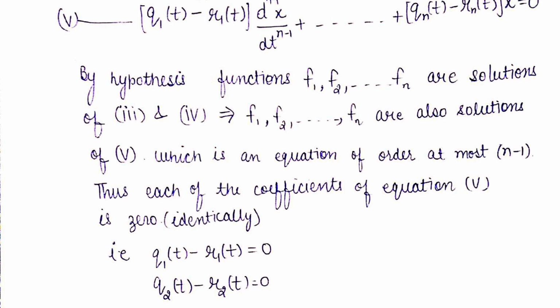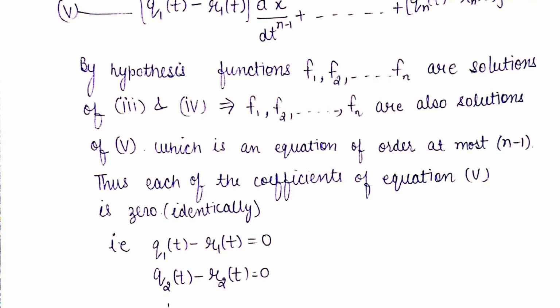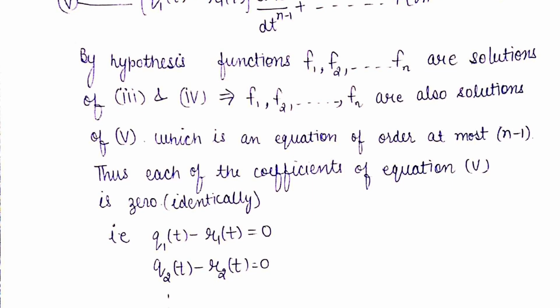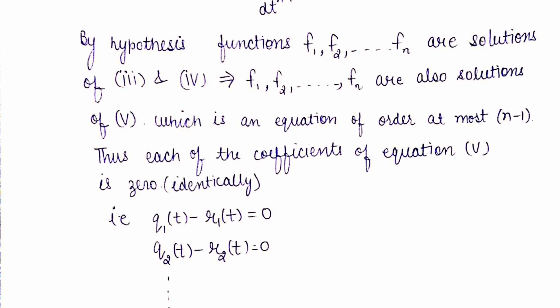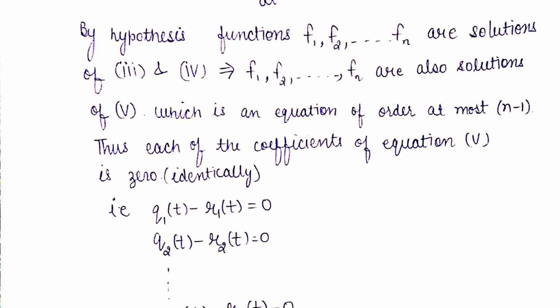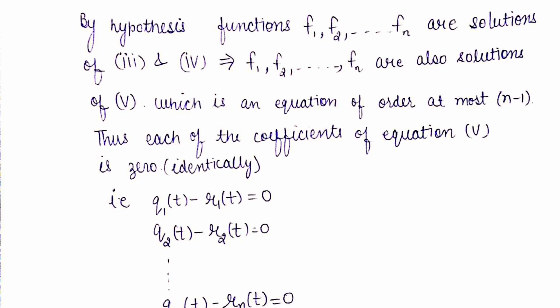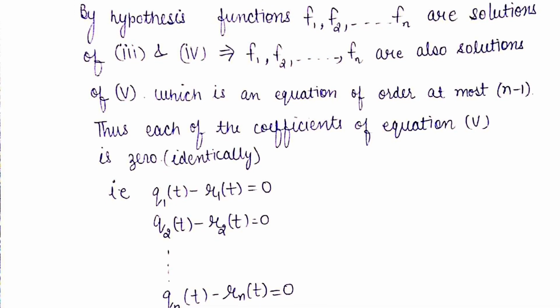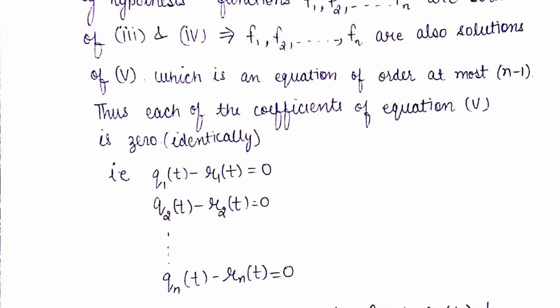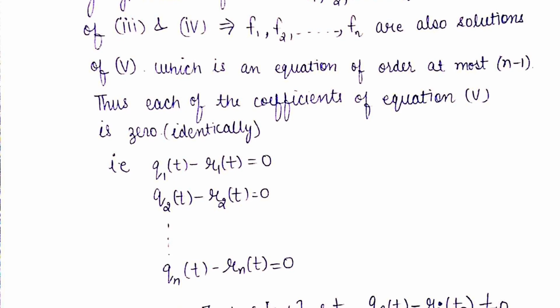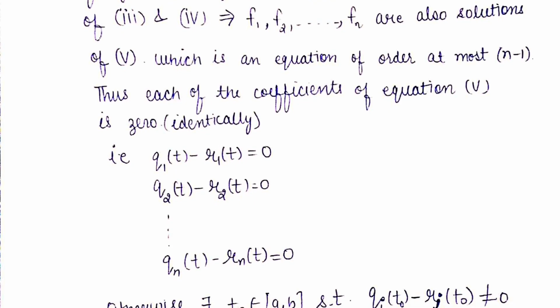So here again we have n solutions of an (n minus 1)th order differential equation. Thus this is possible only if each of the coefficients of equation 5 is identically 0. That is, q1(t) minus r1(t) is equal to 0, q2(t) minus r2(t) is equal to 0, up to qn(t) minus rn(t) is equal to 0.